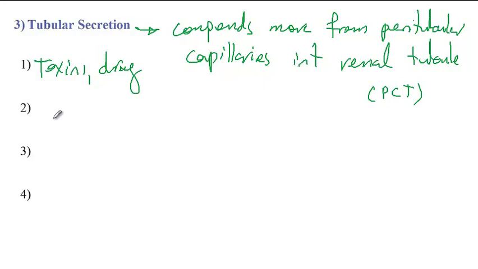Then we have the nitrogenous waste, like for instance urea and uric acid, some of which are being passively reabsorbed from the filtrate, but then there would again be tubular secretion to push them back inside the tubule and get excreted. Then we have the aldosterone hormone.